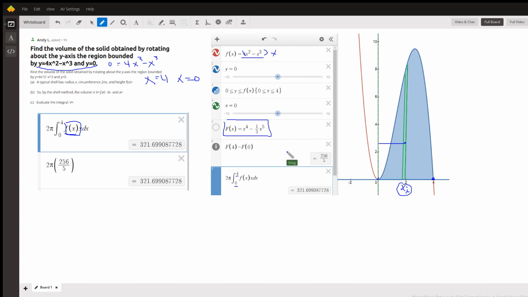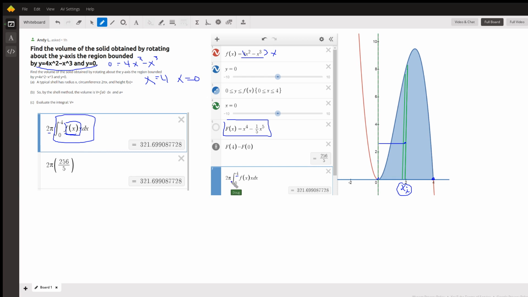And we know by the fundamental theorem of calculus that I can evaluate this definite integral right here by plugging 4 into the antiderivative, big F of 4, minus big F of 0. And that gives us 256 fifths. But we still have to multiply that by 2 pi.